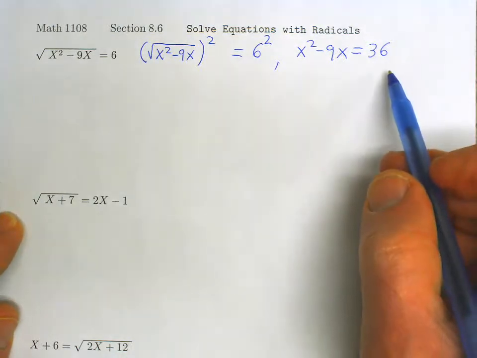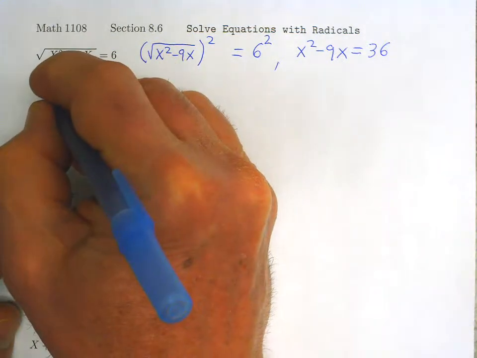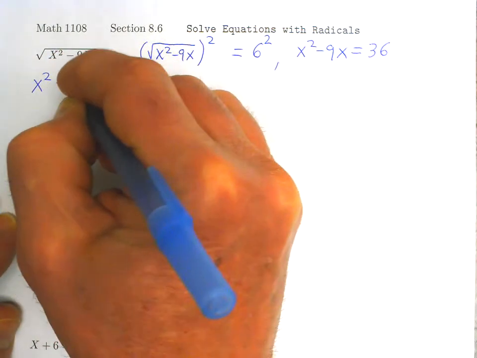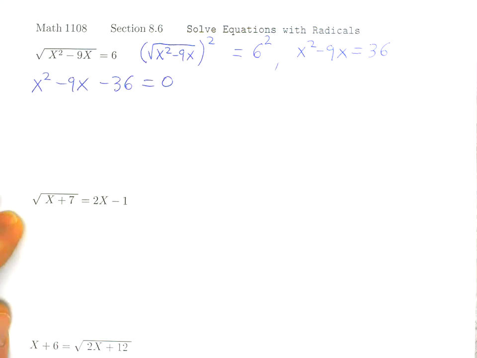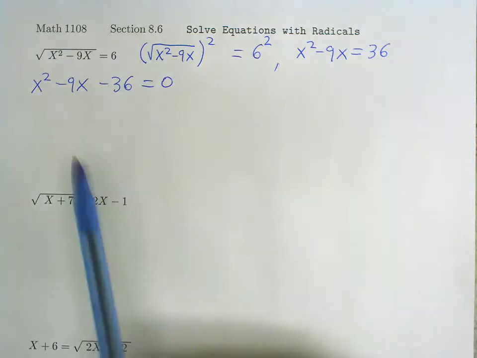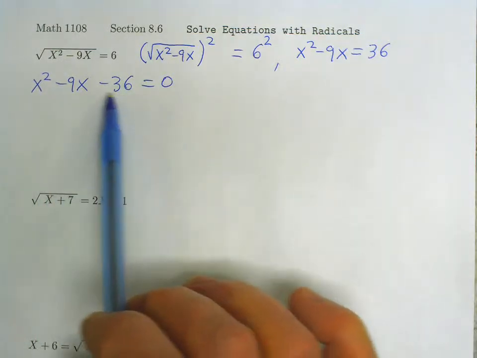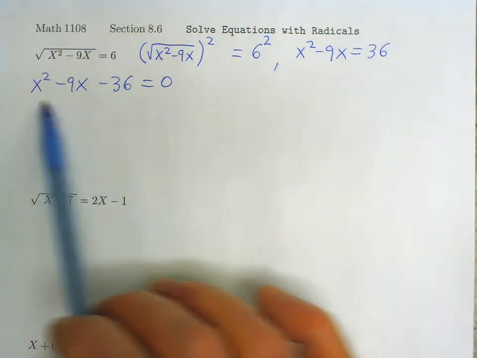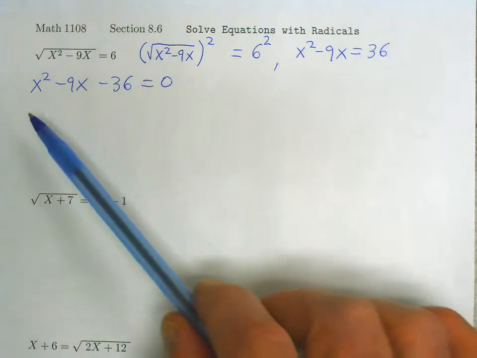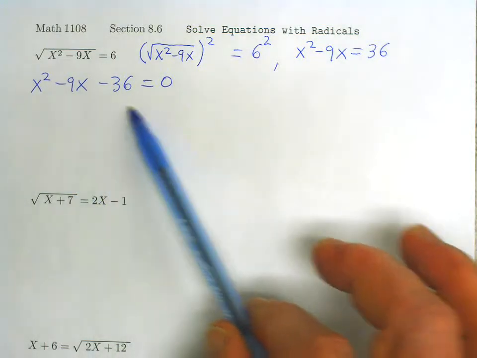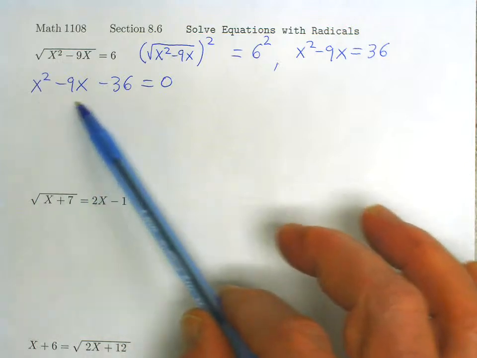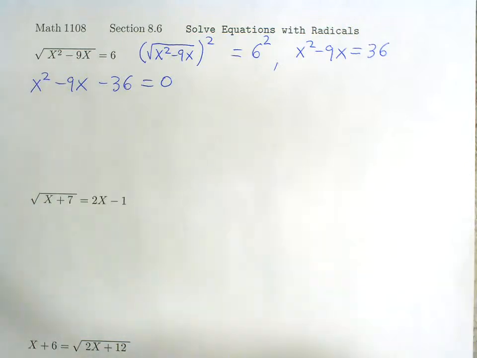Then subtract 36 from both sides. x squared minus 9x minus 36 equals 0. And we can solve this by factoring. On this one, we can use the abbreviated AC method to factor x squared minus 9x minus 36.